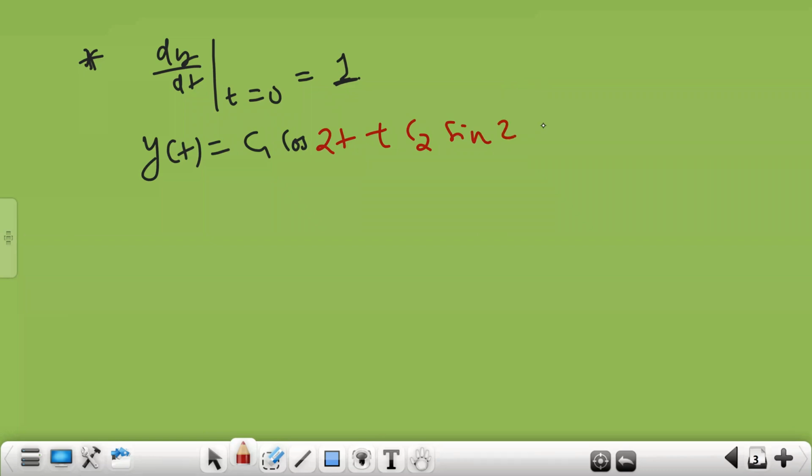This was your y of t. Now we will differentiate this, that is dy of t by dt is equal to, one of you can tell me the answer after taking the differentiation. Manoj Kumar 73, tell me the answer.